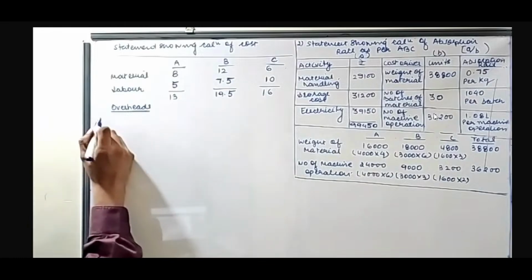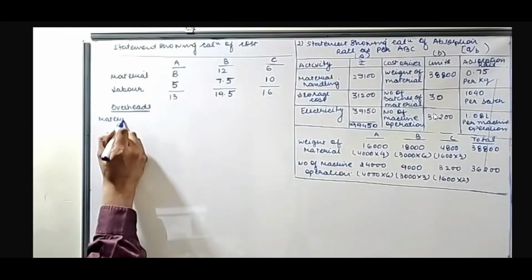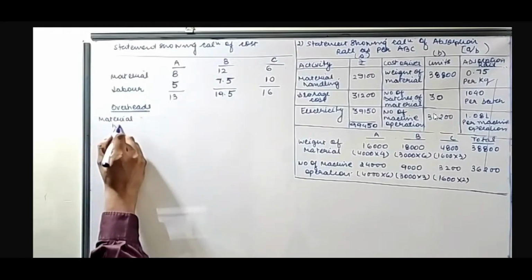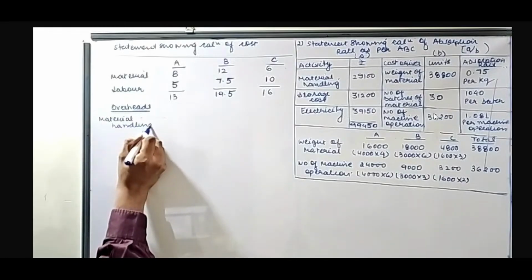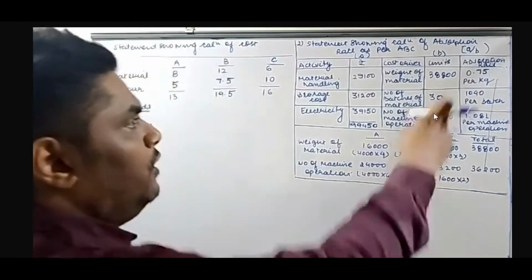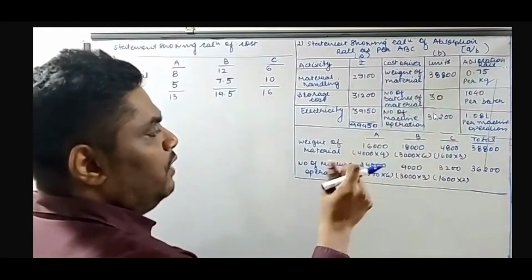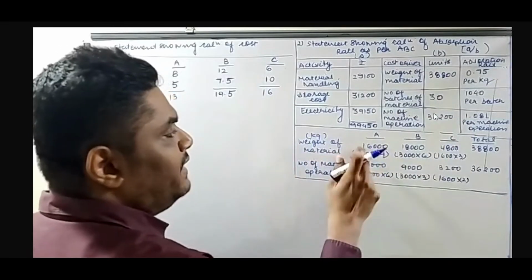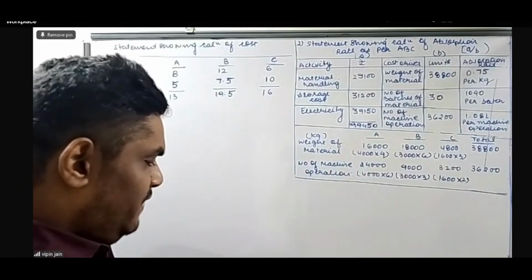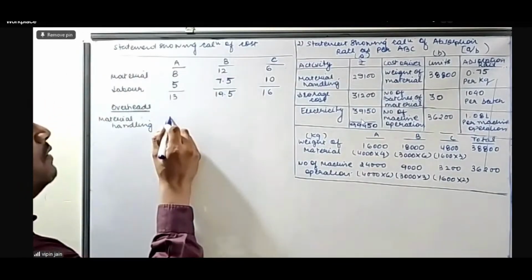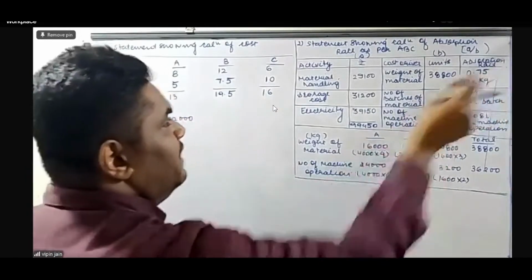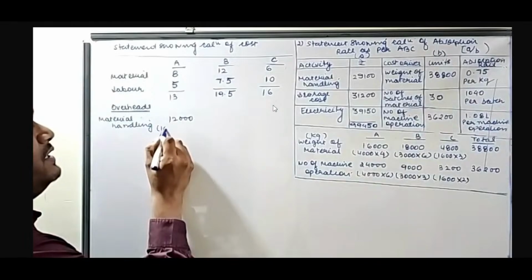So first one is material handling, 0.75 per kg. And the weight for A is 16,000 kg. So 16,000 into 0.75, this will be 12,000. How come 12,000? 16,000 is the weight of material and the rate is 0.75 per kg.